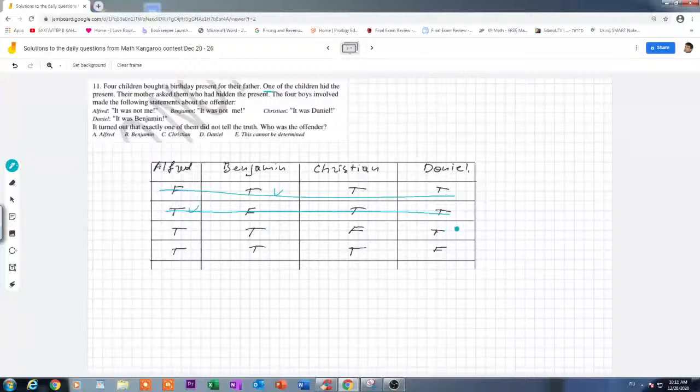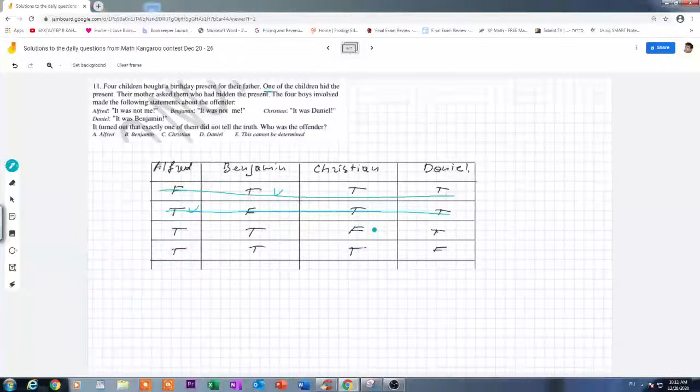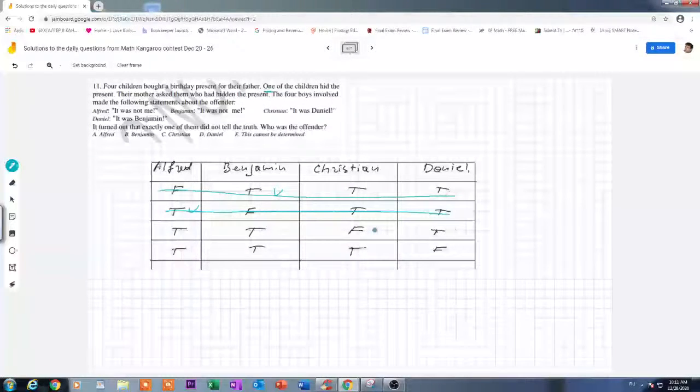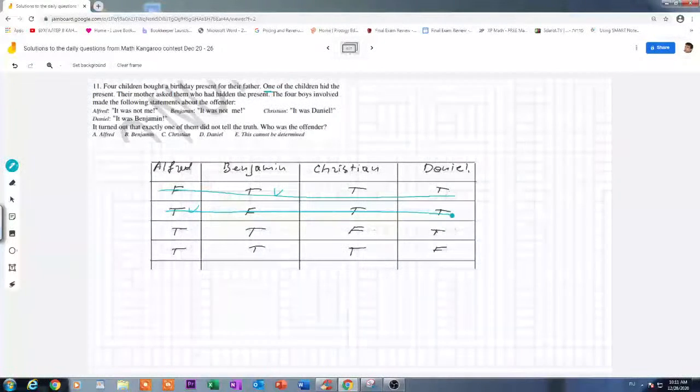Because here we don't know who hid the present in this situation, right? So if Christian said it was Daniel, but he lied, right? So it wasn't Daniel. So then who hid the present, right?